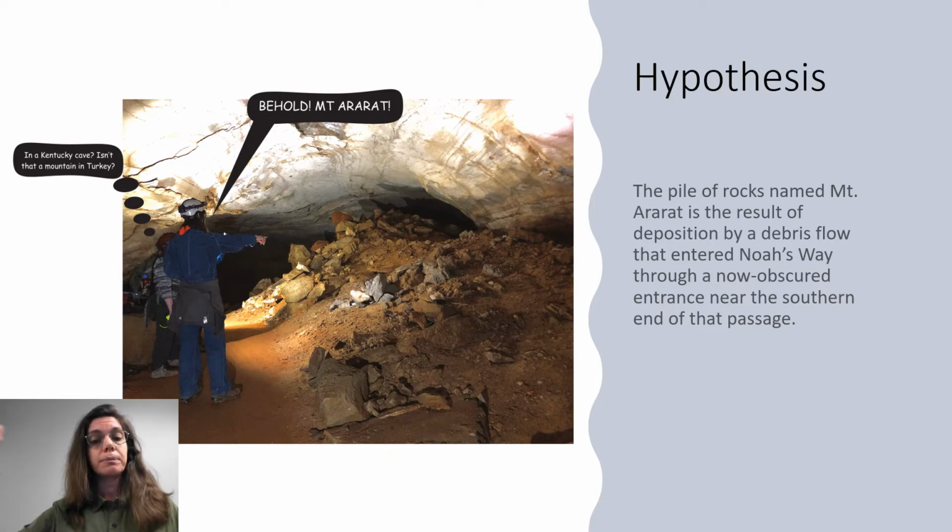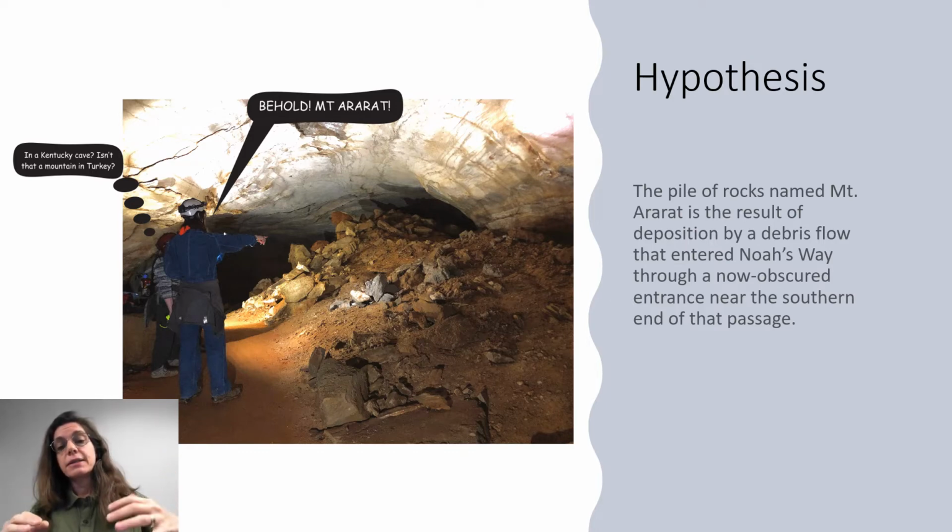The passageway up to the right where she is pointing is Noah's Way, and it was most likely completely full with this deposit of Mount Ararat at some point over 1 million years in the past. This deposit consists of Big Clifty sandstone ranging from clays and silts up through boulders on the order of 1 meter in diameter.